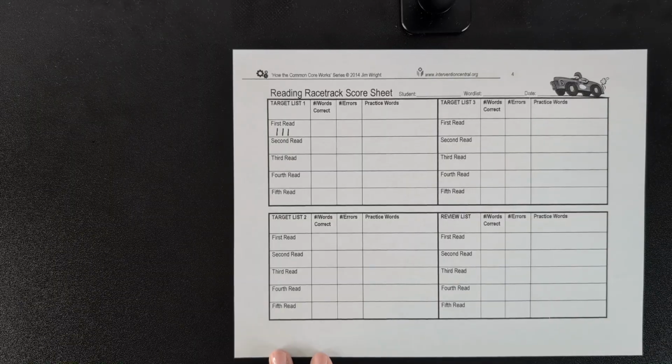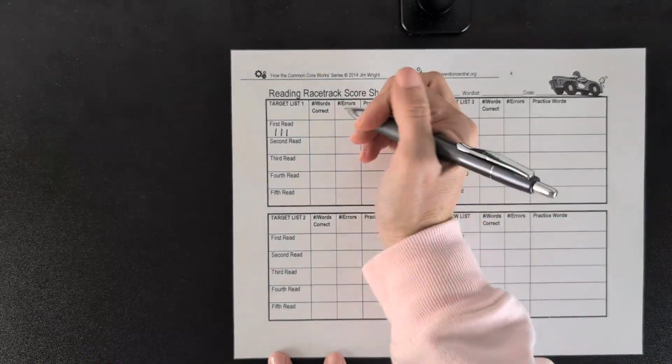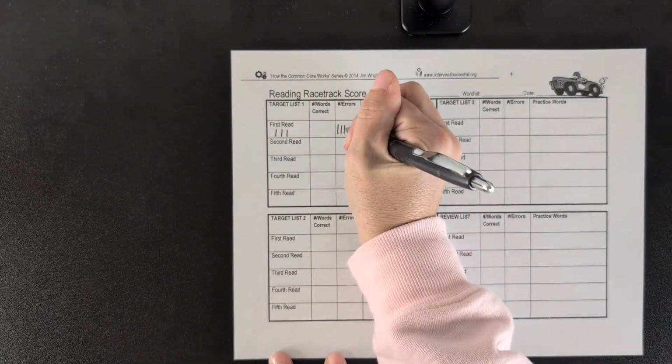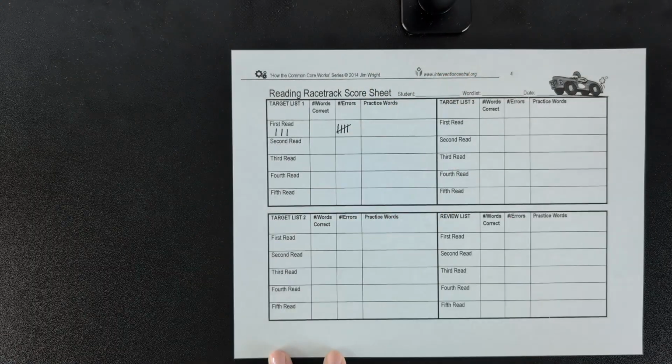If the student hesitates for longer than 3 seconds, state the correct word, direct the student to the next word, and record the hesitation as an error on the score sheet. For this example, we're going to say the student missed or hesitated 5 times during the 1 minute. The teacher should have 5 tally marks in the error column.